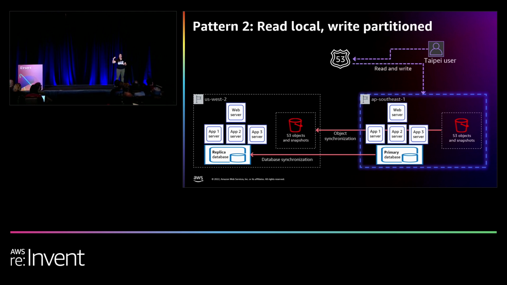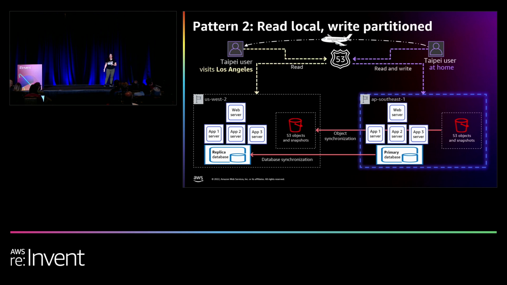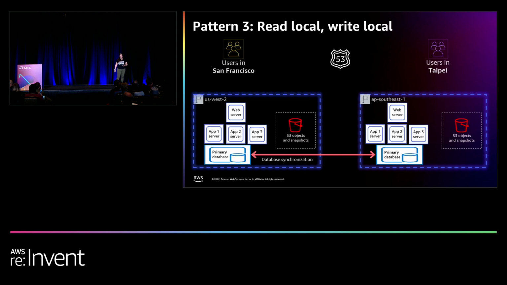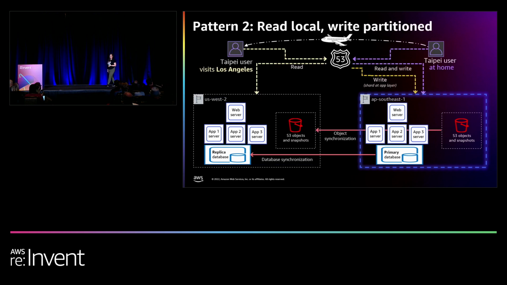So now the user in Taipei reads and writes locally, and that's the best of both worlds. The problem is when the user in Taipei flies to LA. Now the user will read from the local read replica, but will write to the partition that it got assigned. This is not a big deal, because users don't travel that much.